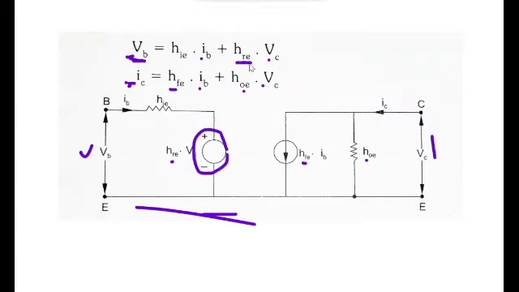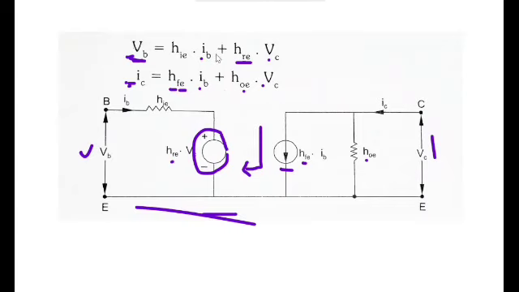Here HRE, the reverse voltage gain, is replaced with a voltage source, and in the second equation HFE, the forward current gain, is replaced with a current source, coming from output to input. In this manner we replace according to the equations. This is how we draw the circuit with respect to the equations. So this is all about the common emitter configuration and its notations in H parameters.